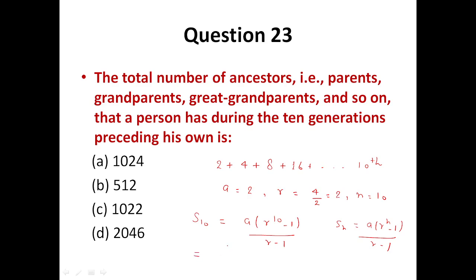So you will get 2 into 2 to the power 10 minus 1 upon 2 minus 1, which is equal to 2 into 2 to the power 10 minus 1. Now after solving this you will get 2046, which is option D. So our option D is correct.